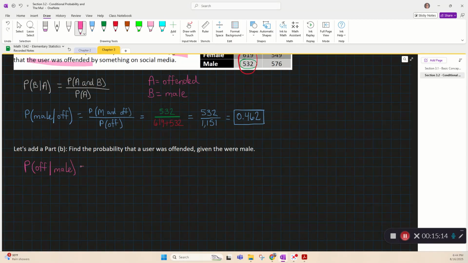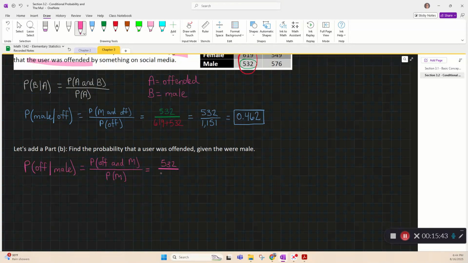Okay, so if I think of what's going on here, this is the probability of offended and male over the probability of male. Oh, wait a minute. They have different denominators here. Offended and male, so sure, the numerators are the same, 532, but the denominators are different.